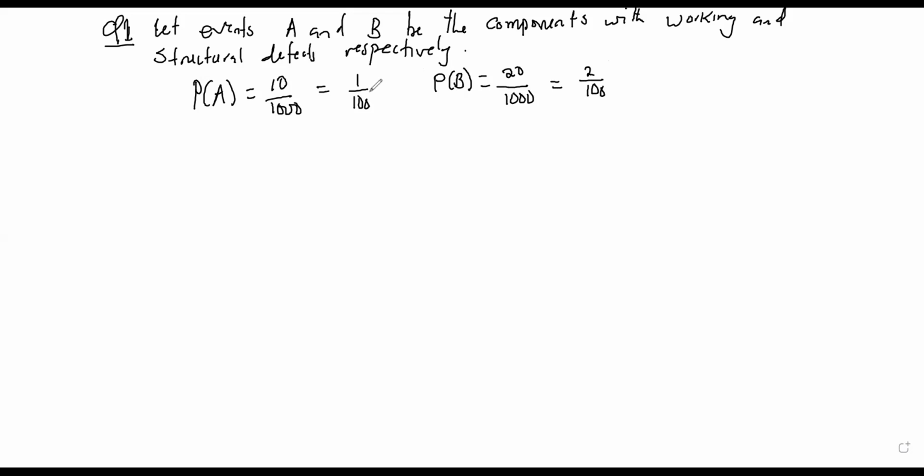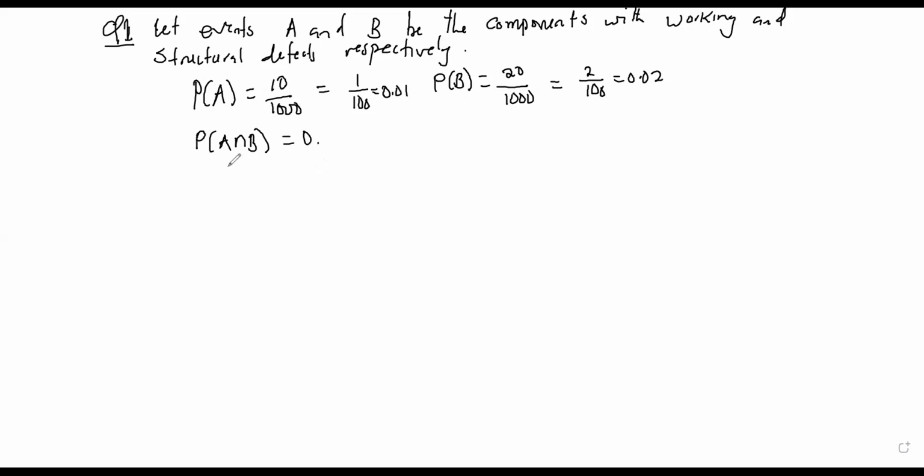So this is 0.01, this is 0.02. And now we are told that there's enough reason to assume that the intersection is 0. There's no component that has both defects.